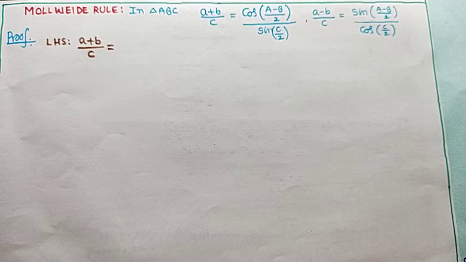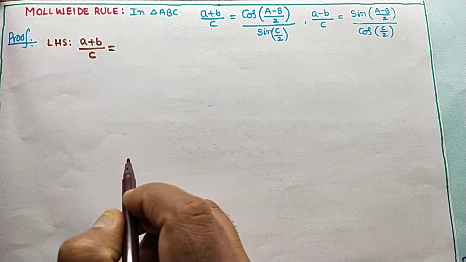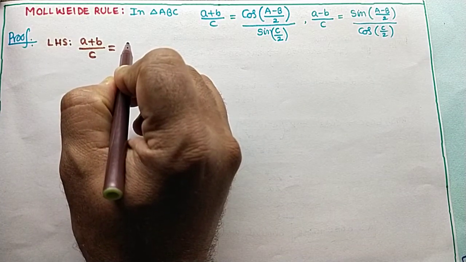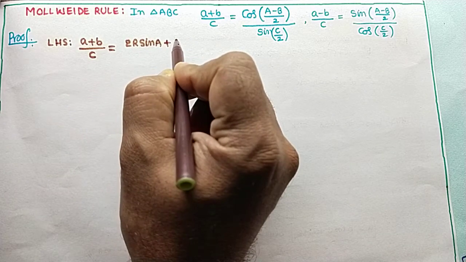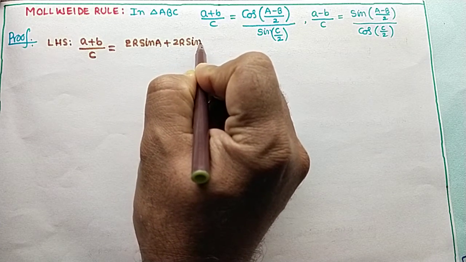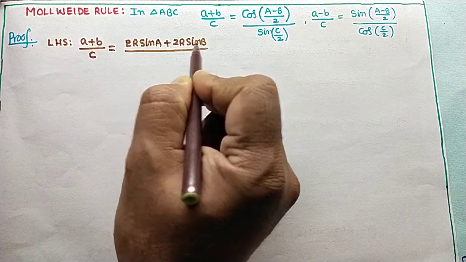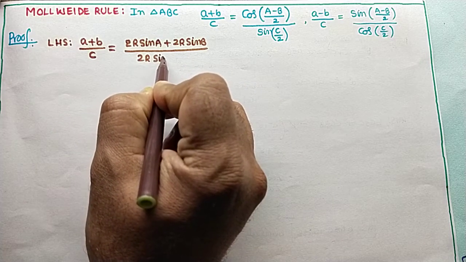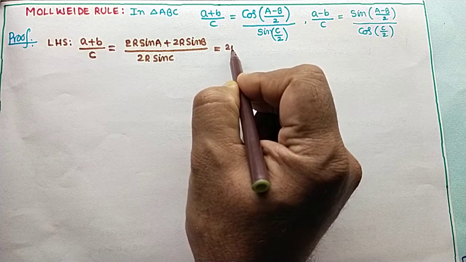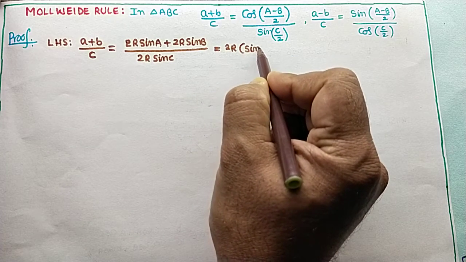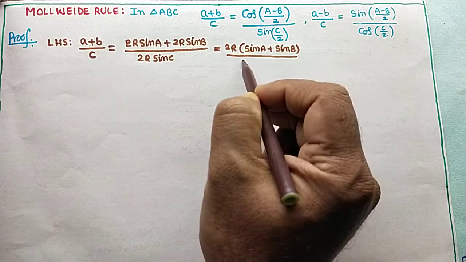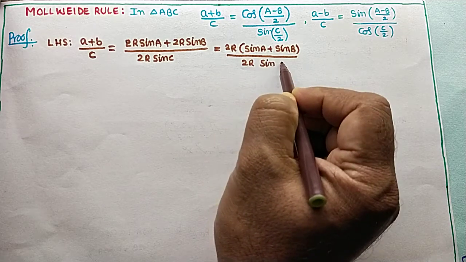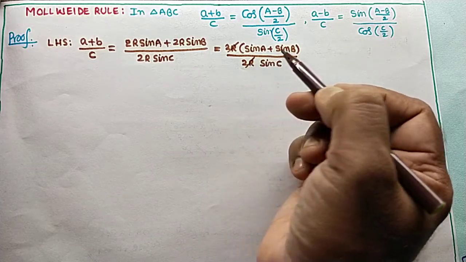From the sine rule, we know that a equals 2r sin A, b is 2r sin B, and c is 2r sin C. Take common 2r from numerator and denominator, so it is (sin A plus sin B) divided by sin C, and here 2r gets cancelled.